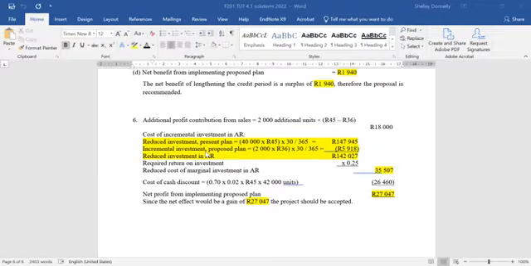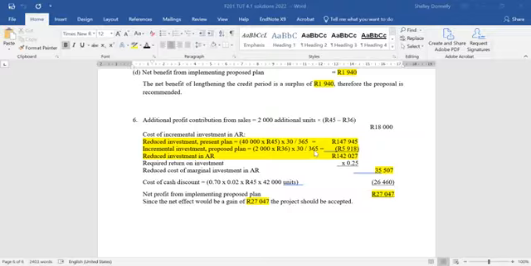In addition to that, the incremental investment when it comes to the proposed plan, they're going to be producing an additional 2,000 units from before at the variable cost of 36. And they're going to have to wait 30 days before they get that money back.